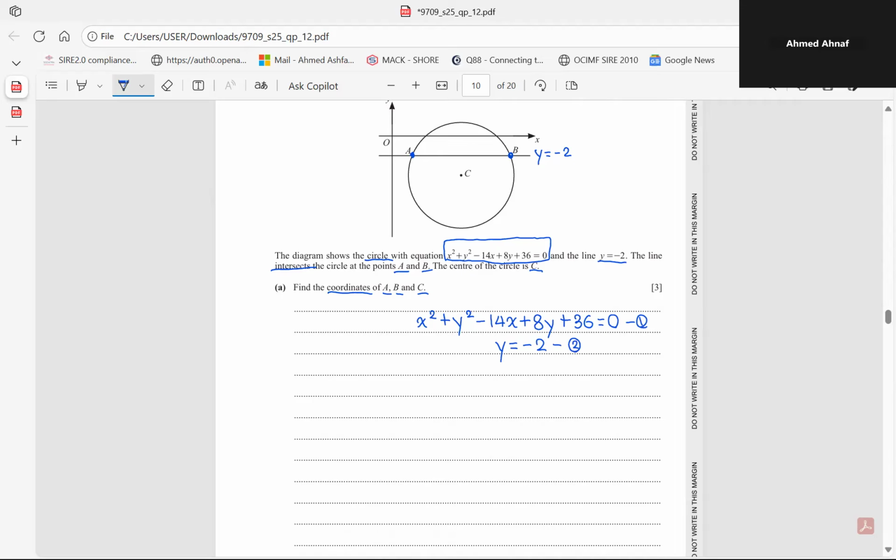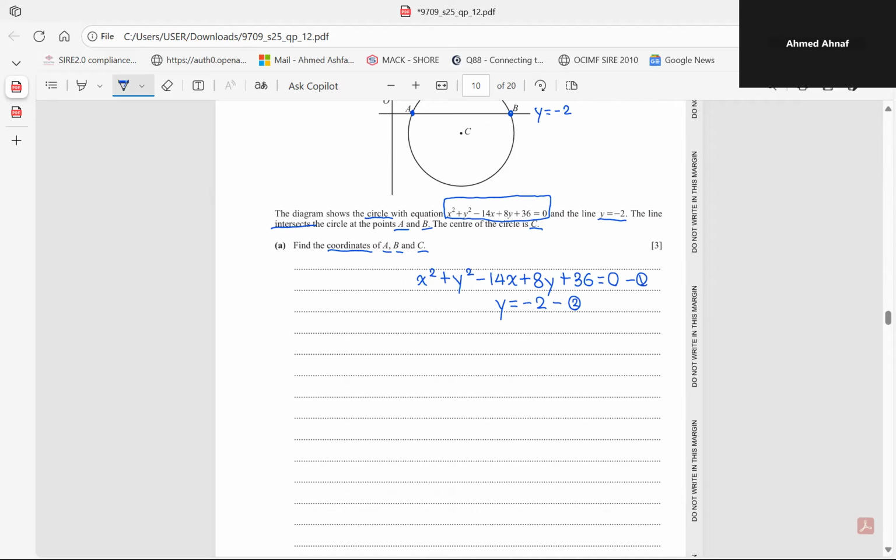This is the second equation. So in order to solve this, we're going to solve this simultaneously. And since we are given an equation in terms of y, we're going to substitute that into the first equation. So we're going to use substitution here.